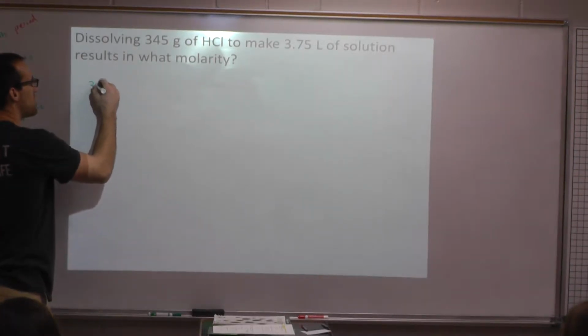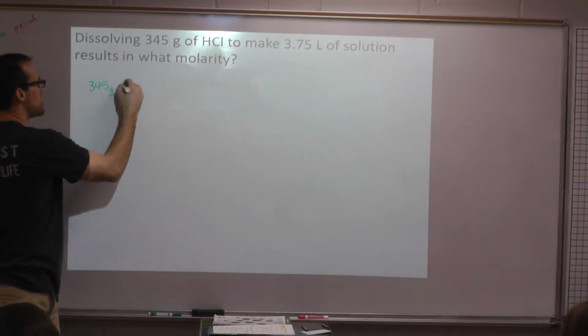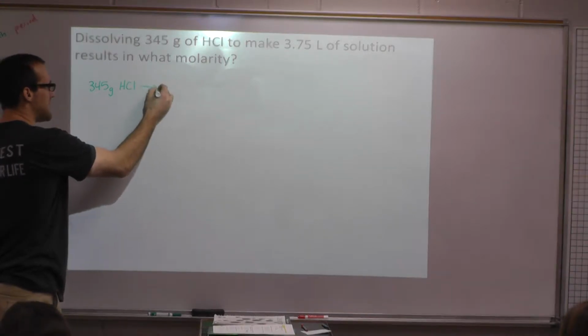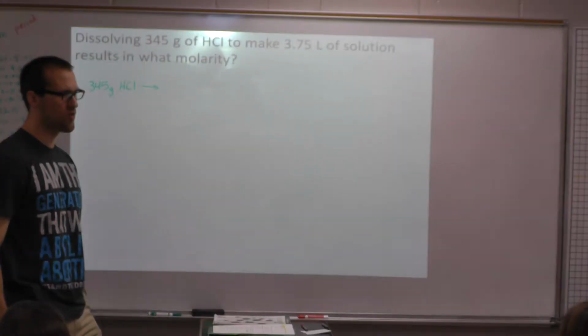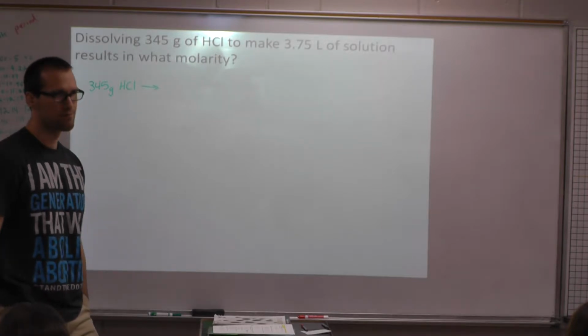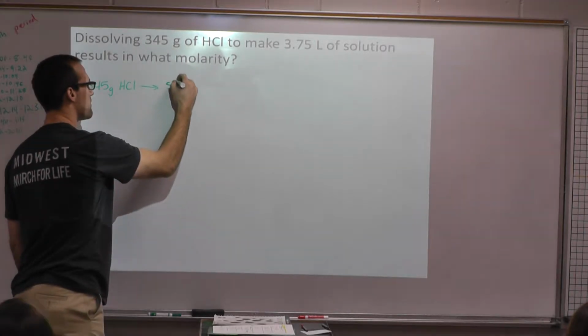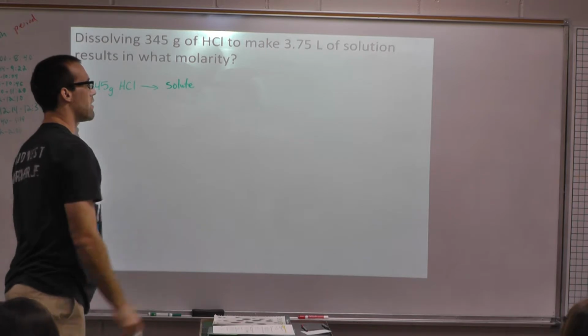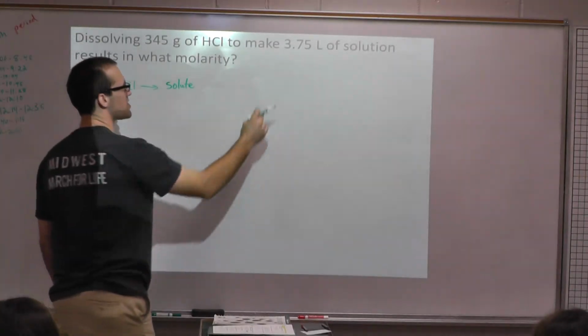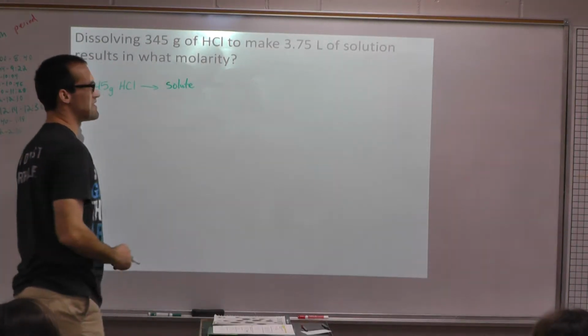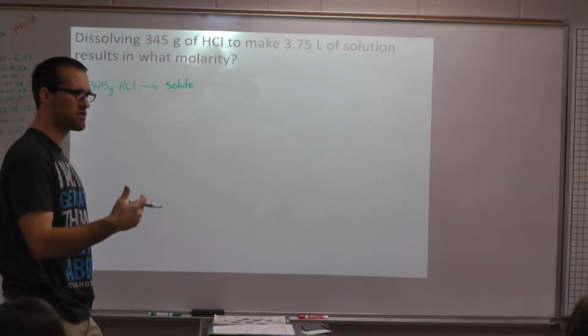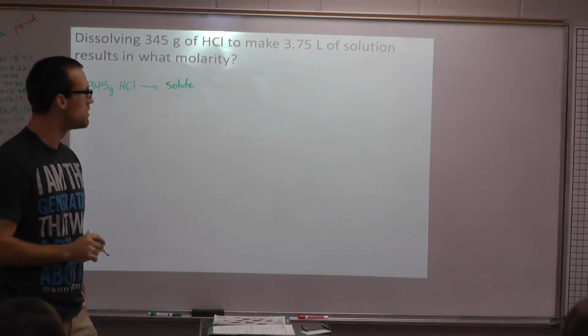So, we know we've got 345 grams of HCl. I should probably identify if that's the solute or the solvent. Solute. That's important. Now, it gave us 3.75 liters, but is that the volume of the solute, the solvent, or the solution?